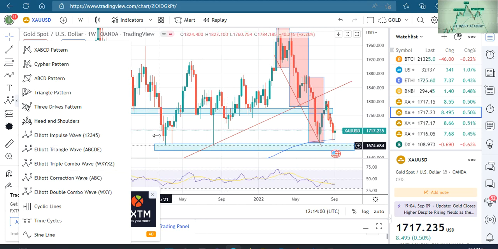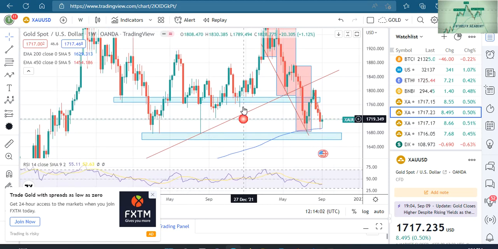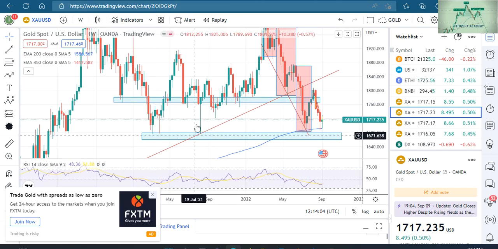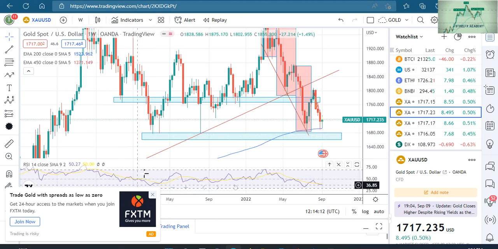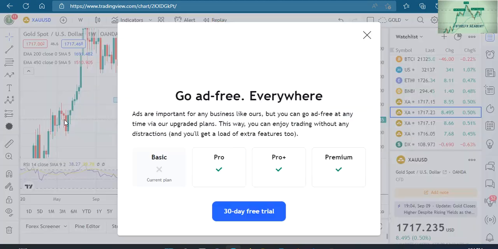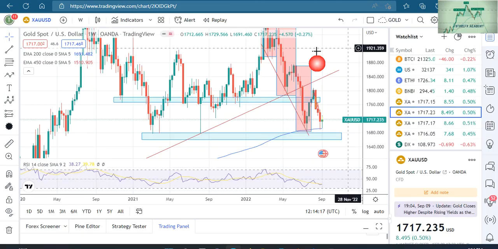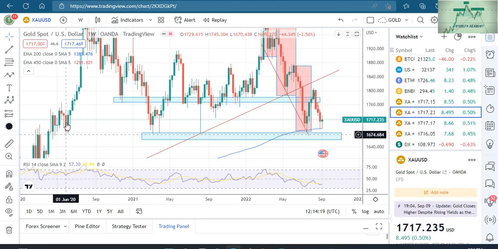What I am saying in essence is that based on price action, since around 2020, gold has not been able to successfully break 1678.